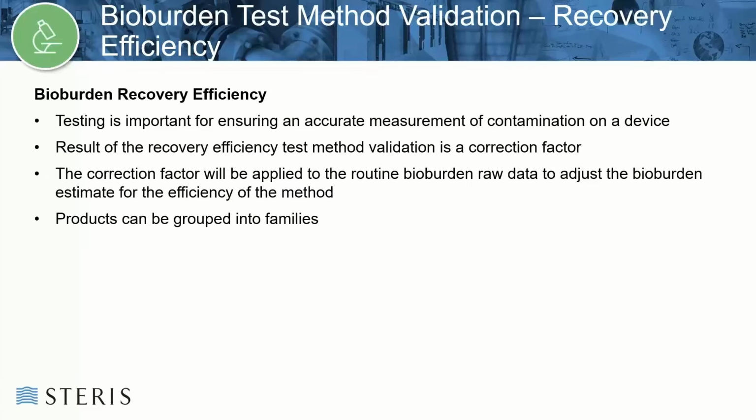There's then a need to calculate an efficiency of the method that we're using and correct for that efficiency. A bioburden method recovery validation is used to determine a correction factor, which will be applied to the routine raw data to adjust the values or compensate for the incomplete removal of microorganisms from the product in a single extraction.